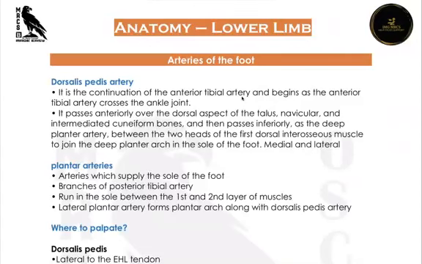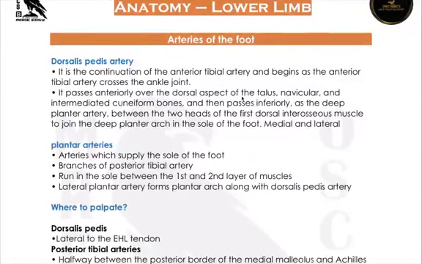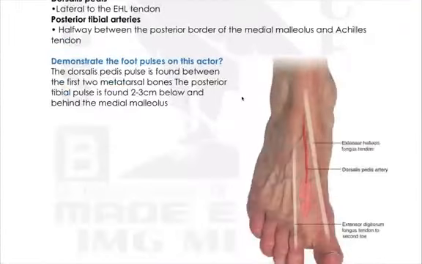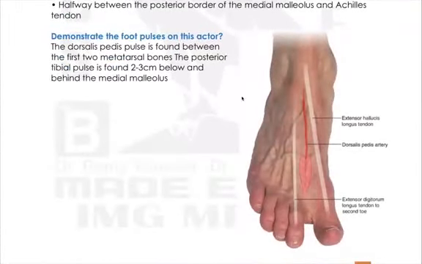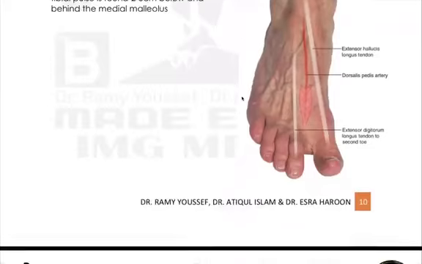This is a very important question. Okay, so about the arteries of the foot. A very important artery is the arteria dorsalis pedis, and as all of you know, this is the continuation of what? Anterior tibial artery. Yes, the anterior tibial artery.